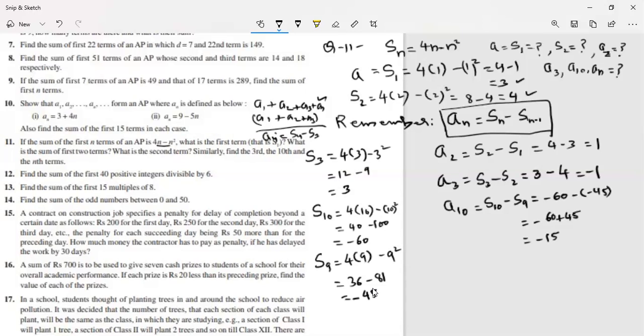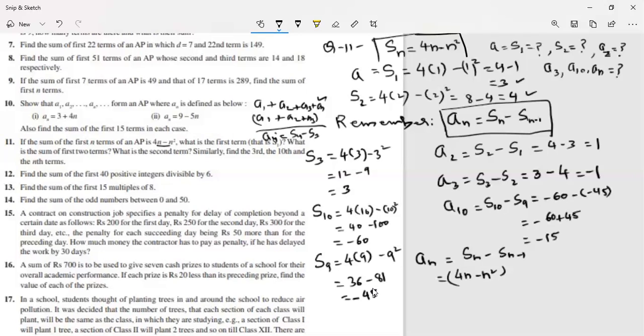And then find also the nth term. In this formula, An is equal to Sn minus Sn minus 1. Here you will put the value of Sn. The value of Sn is 4n minus n square. This is the formula for Sn.